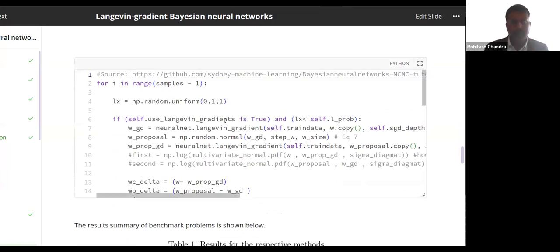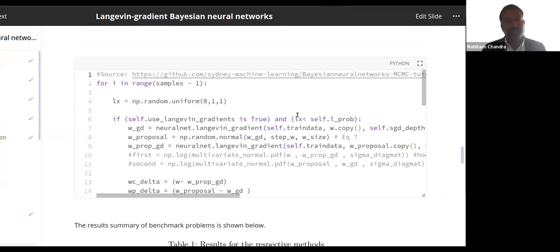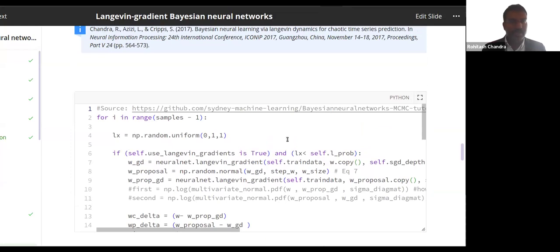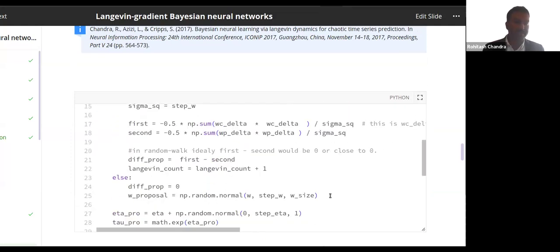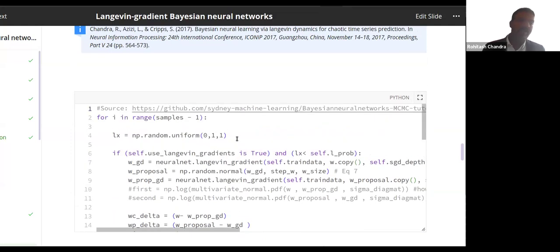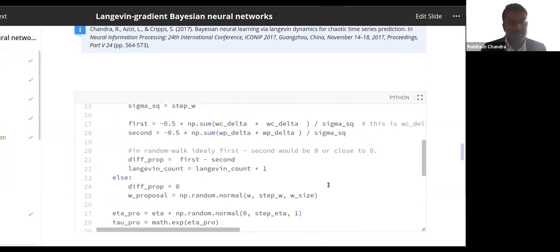Now, in order to compute the proposal ratio, the Q ratio, and to implement the Langevin gradients, we have two implementations. Firstly, let's assume that there were no Langevin gradients. It was just a standard random walk.